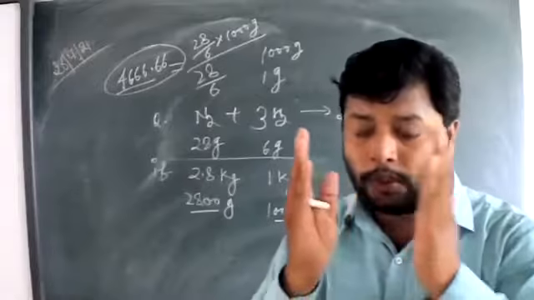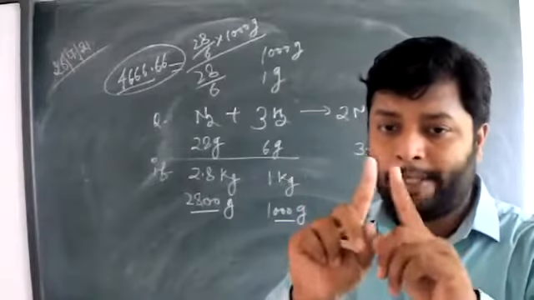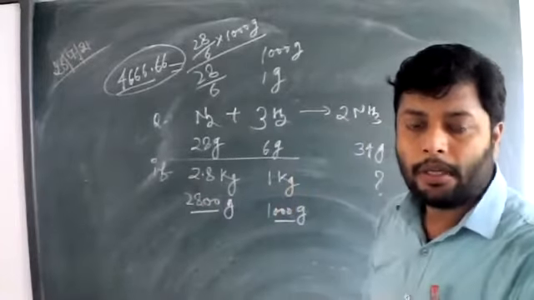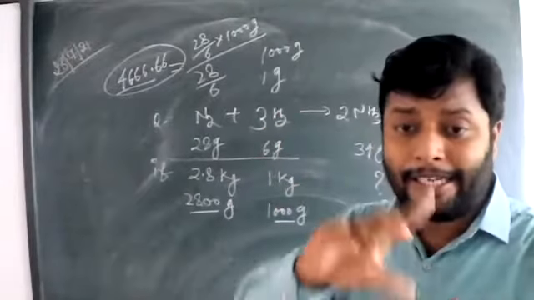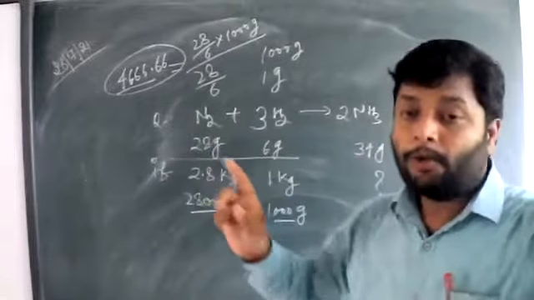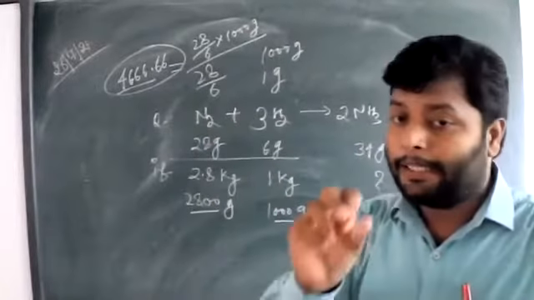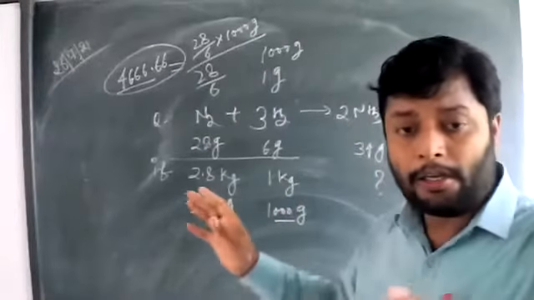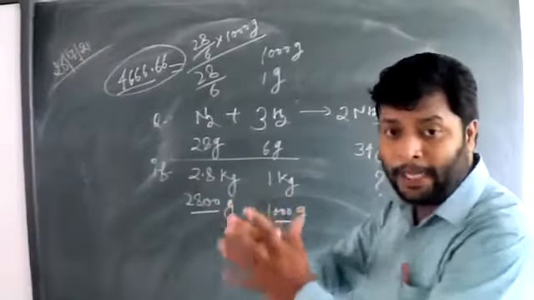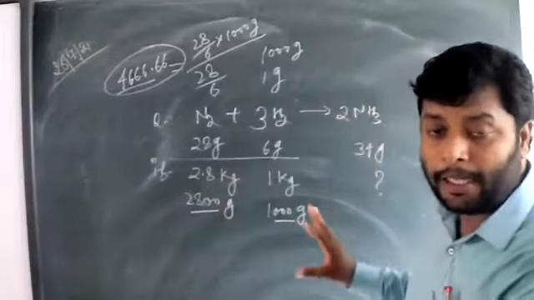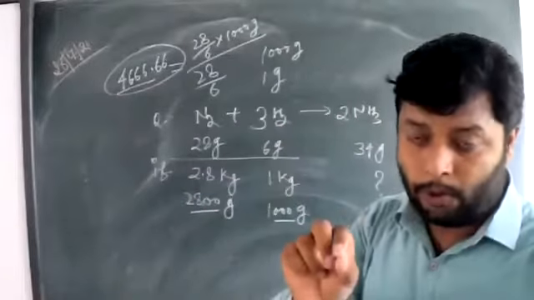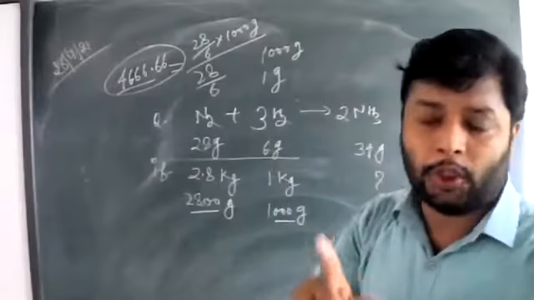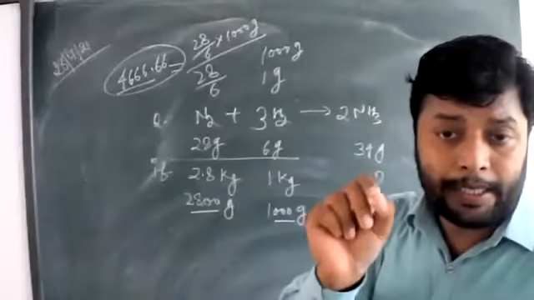So first always try to clear the concept of which one is limiting. Whatever amount is given, it is not necessary that all of it will combine to give the product. The product always depends upon the reactant which is completely consumed. That is called the limiting reagent.